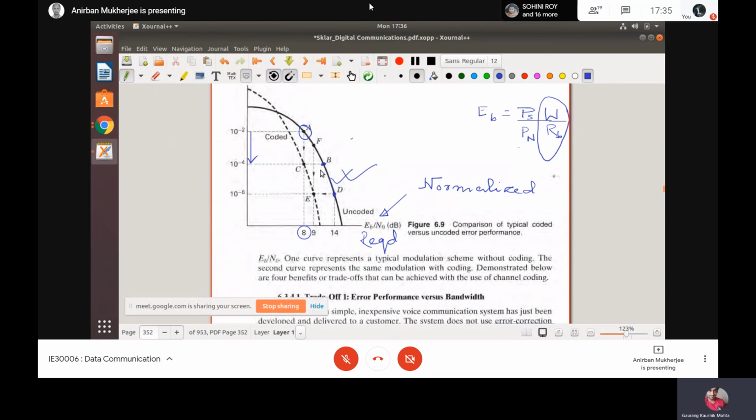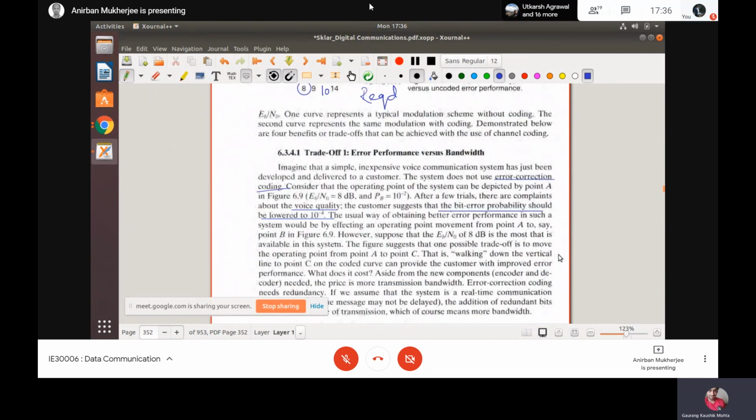Now a bigger sinusoid means you have to pump more power at the transmitter. Pumping more power at the transmitter means your battery life reduces. So the required signal to noise ratio is something like 10 dB. Okay.